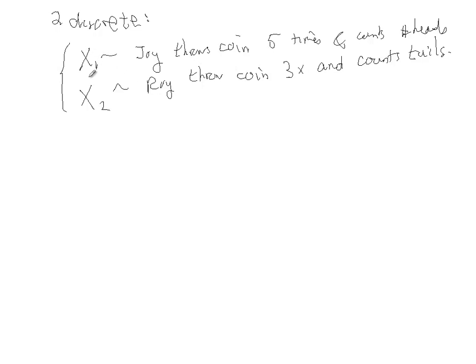Okay, so let's look at the probability distribution functions of these two. I think you should be familiar with the distribution of number of heads. This is going to be a binomial probability with probability 1/2. So P of X1 of x is going to be equal to 5 choose x times 1/2^5, for x equals 0 up through 5.